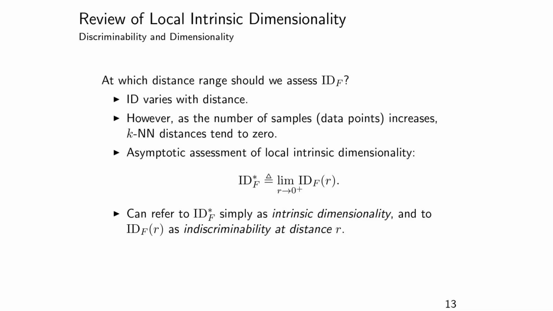So we're interested, as an asymptotic effect, in seeing what happens when these quantities tend to 0. By taking the limit of these IDs as the distance tends towards 0, we get something which, in the notation, is just IDF star. We can refer to IDF star simply as the intrinsic dimensionality, and when it's important to consider some distance other than 0, we can call this an indiscriminability at distance r.